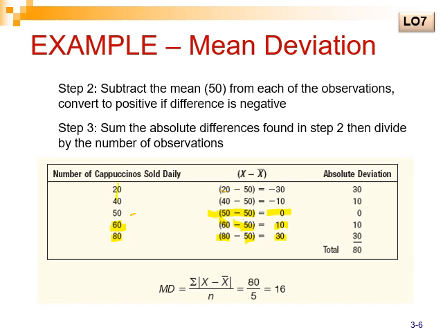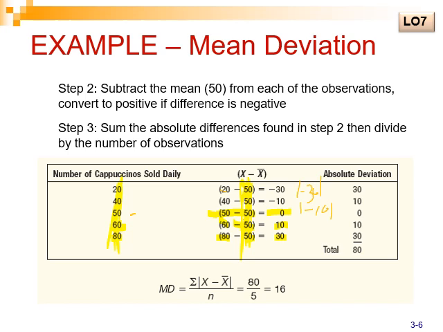So we subtract the mean that we got in the first step from all the values to get the values for x minus x bar. Now we will take the absolute value of these values. As I mentioned in the pure mathematics course, the absolute value of negative 30 equals 30, the absolute value of negative 10 equals 10, and the positive values of course stay the same.